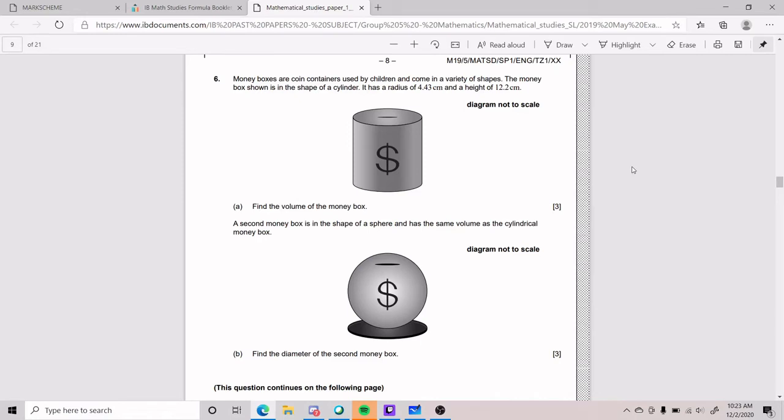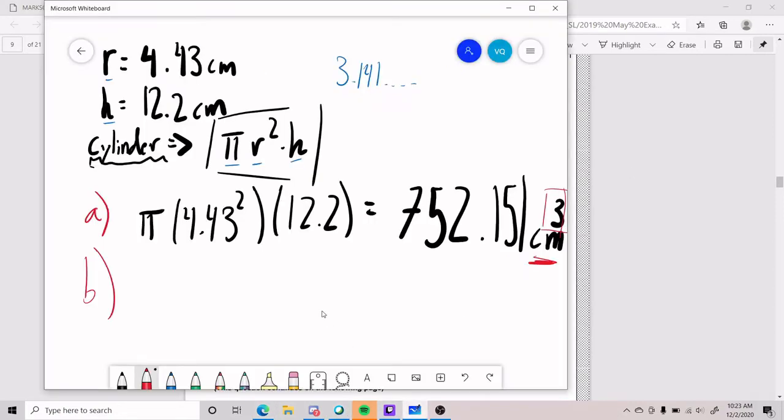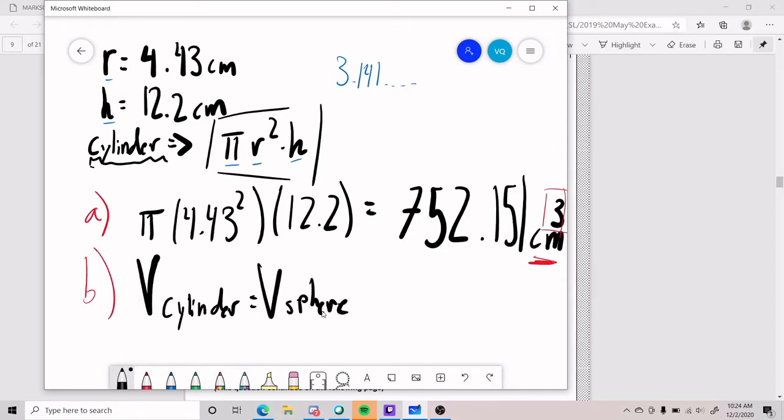Part B is telling us that there is a second money box in the shape of a sphere and has the same volume as the cylindrical money box. And they ask us to find the diameter of the second money box. So, again, using the same process, we know that the volume of the cylinder equals the volume of the sphere, and that we're dealing with a sphere.